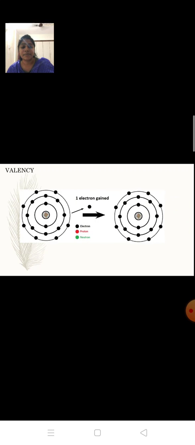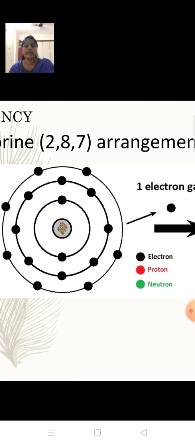Let's take one more example, chlorine. In chlorine, the electrons are arranged as 2, 8, 7. The innermost shell contains 2 electrons, the next shell contains 8 electrons and the outermost shell contains 7 electrons. If it gets one more electron, it will achieve the octet state.